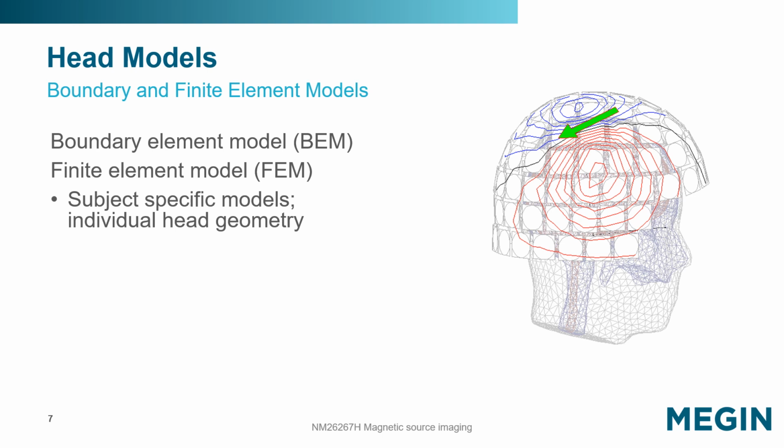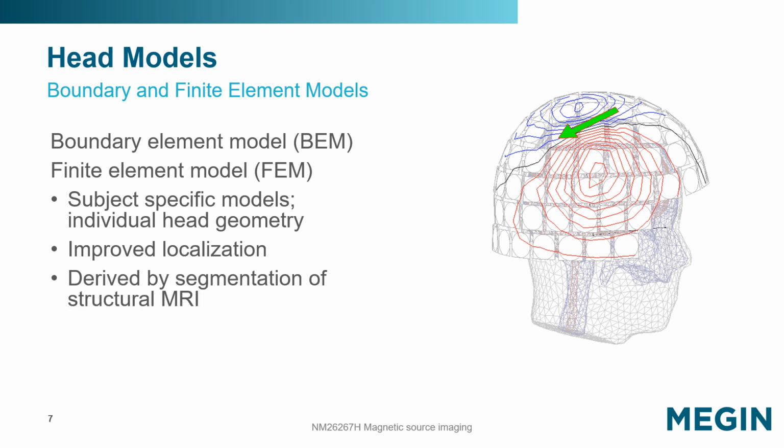They can be used where improved localization accuracy is required, particularly for inferior temporal, prefrontal, and deep sources. They are derived by segmenting structural MRIs for different tissue types and then triangulating the resulting surfaces, typically thousands of triangles per surface. These methods are both more time-consuming and computationally intense than the spherical head model.